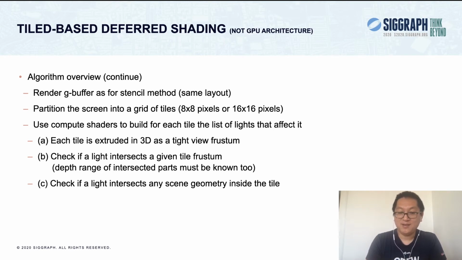So each tile is extruded in 3D space as a tiled view frustum. And then we check for all the visible lights in the scene if that light intersects a given tile, and if the light also intersects the geometry in the tile, then we add it to the tile light list.